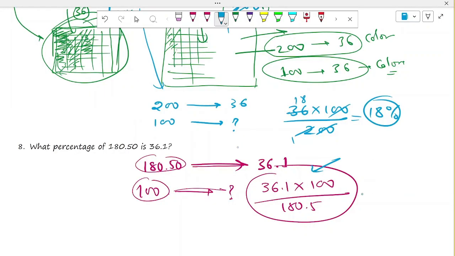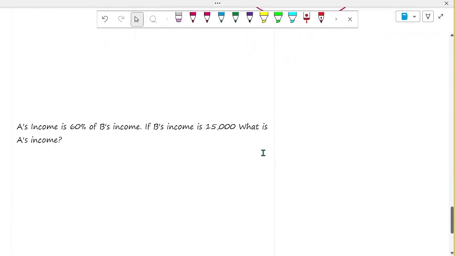Answer for this is nothing but 20%. Here the proportion concept is very important. You should understand the proportion concept and then try to solve these questions. Okay.